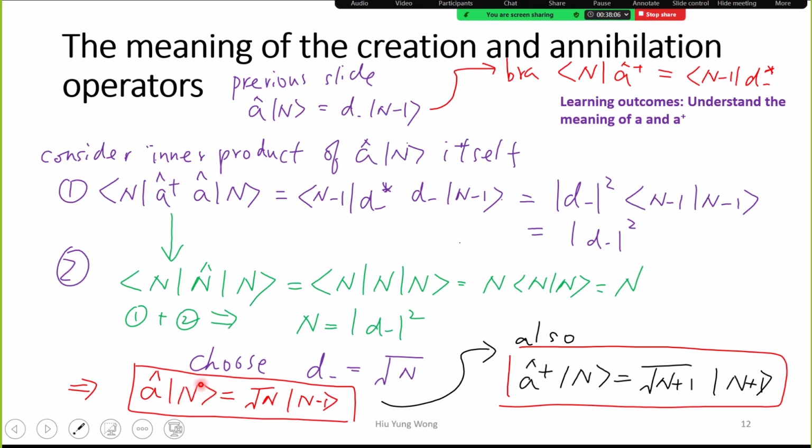This capital N is the eigenvector of n hat, yes. But he's asking why this needs to be definitely square root n, but can we have a prefactor like i times square root n, just e to the power i phi, in general? Correct. When you are looking at the physical phenomena, this e to the power i phi is not important.